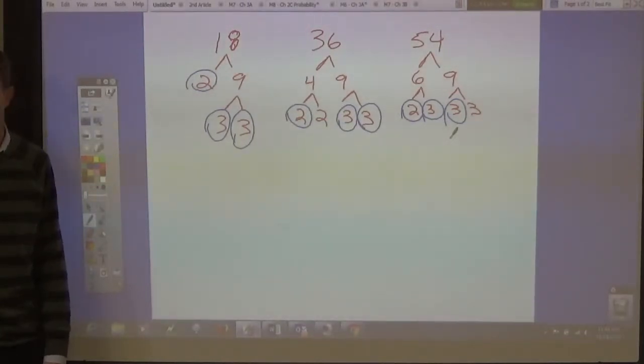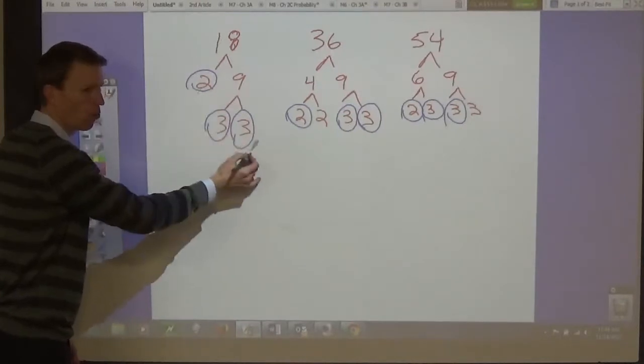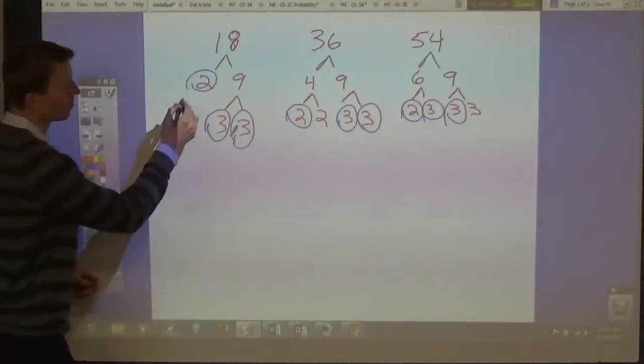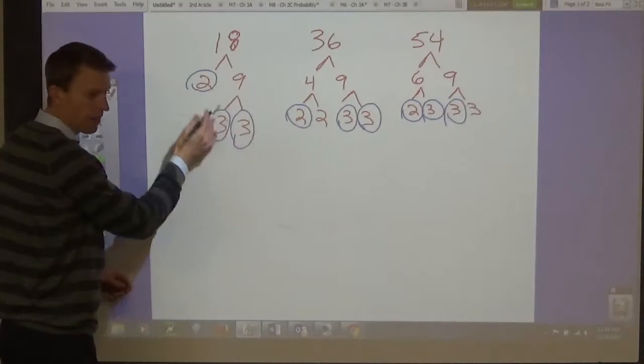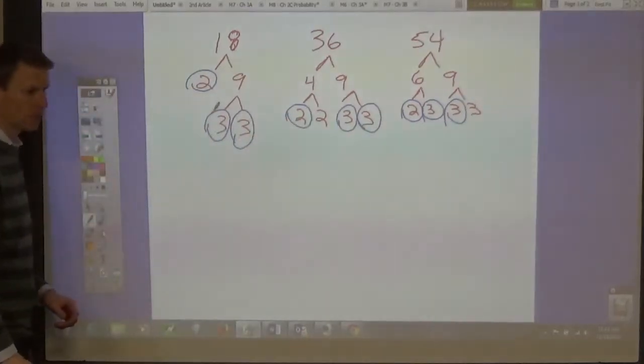Any questions on that? So you would multiply one set of the common factors, okay? Multiply one set of the common factors. Any questions? I'm confused. How do you know which ones to multiply? You multiply the set that you find that are the common factors in all of the numbers.